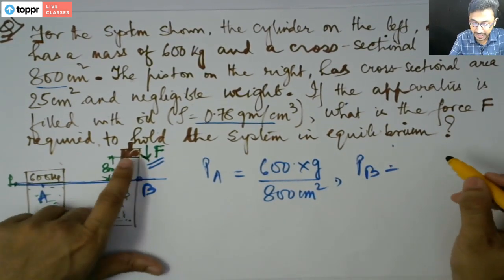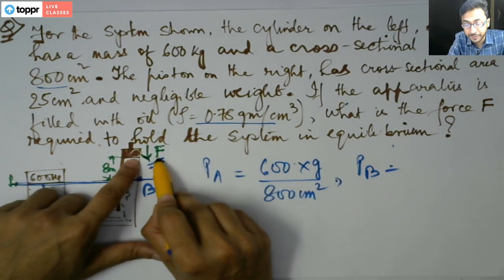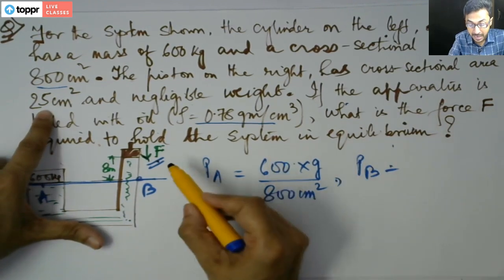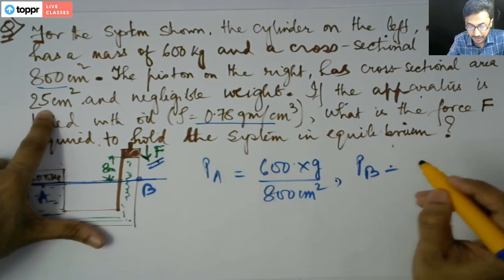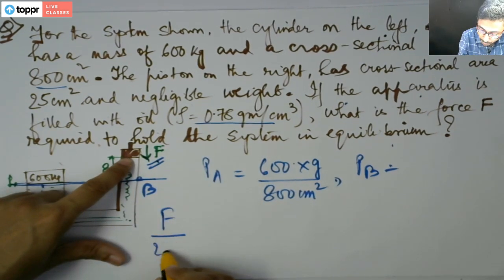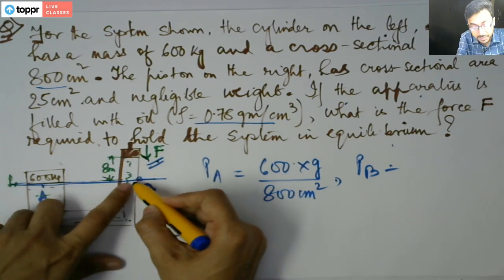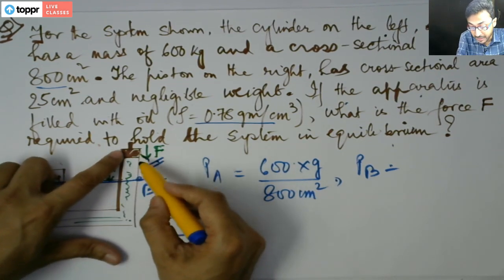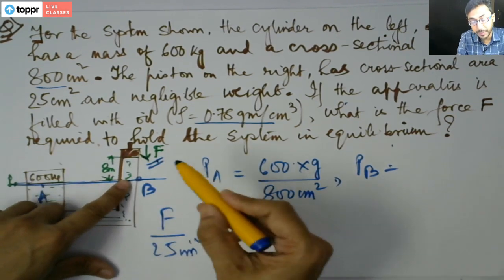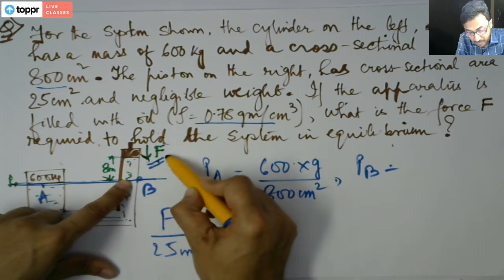And what is pressure at B? Pressure at B is nothing but, we are applying the force F. The area is 25 centimeters squared. Now it is generating a pressure at this point, force by 25 centimeters squared. This pressure is equally transmitted throughout the liquid, but it also has a liquid column. So the pressure will be the liquid column pressure plus the pressure generated by this force.